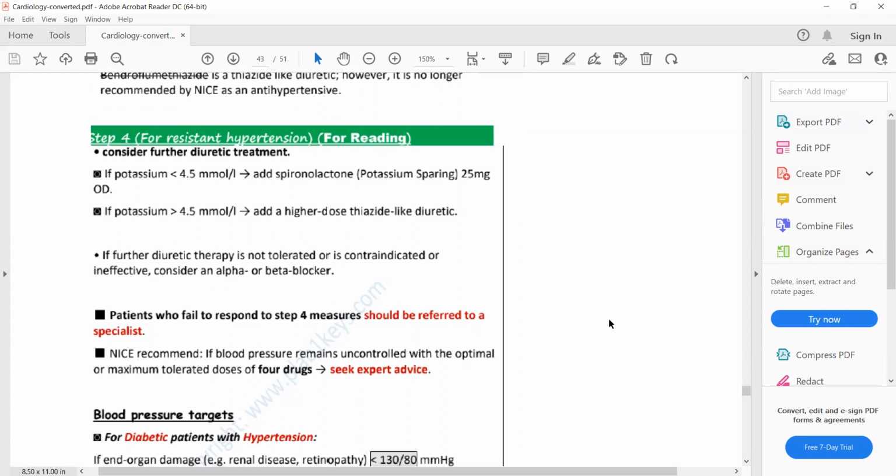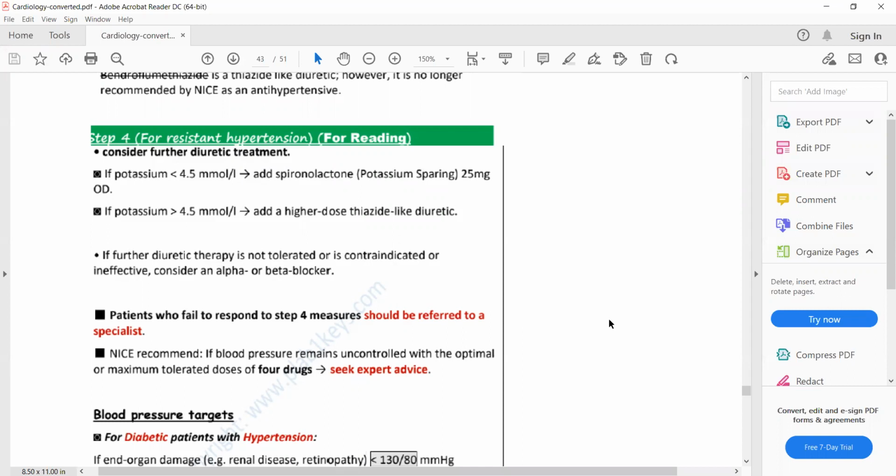So before adding spironolactone, we will check the patient's potassium level. If patient's potassium level is less than 4.5, then we'll add an aldosterone antagonist such as spironolactone. But if patient's potassium level is more than 4.5, then we'll increase the dose of thiazide diuretic.